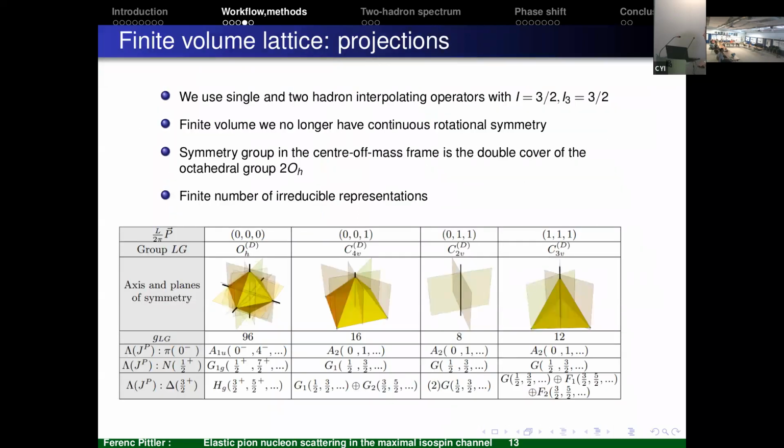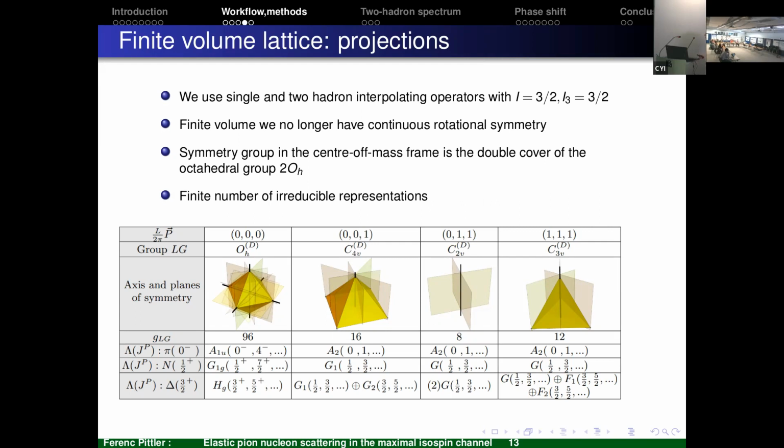So the next step, if we calculate the correlation matrices for the I equal 3/2 isospin. This means that we basically have a 3/2 vector. We have spinor indices alpha and the vector isospin indices.